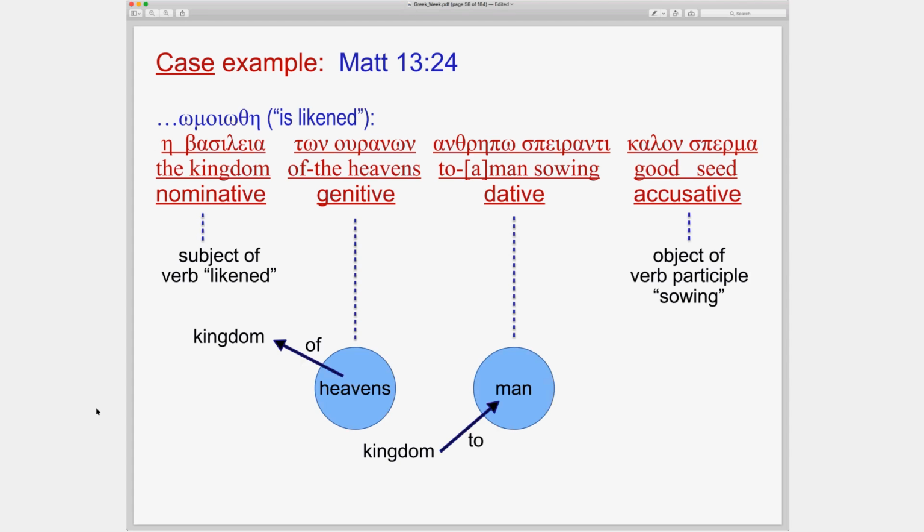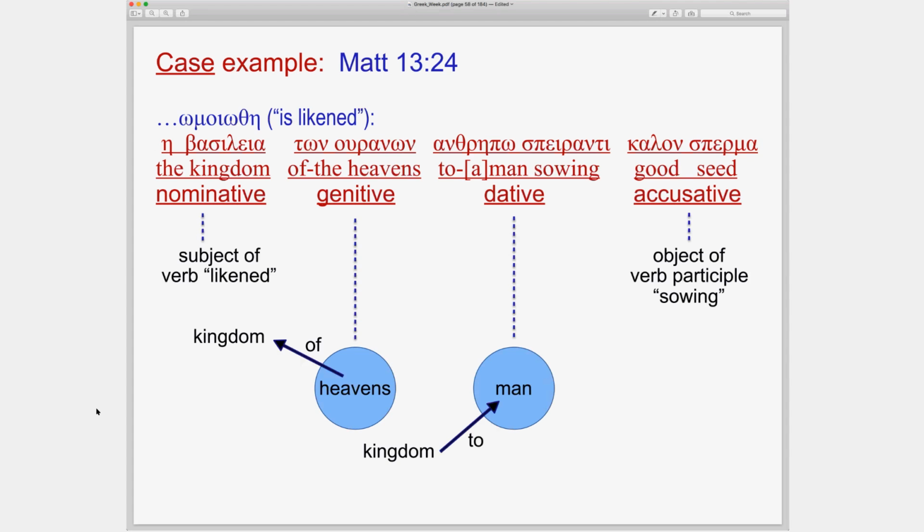You can tell, I have to apologize, if it seems like I'm a little bit clumsy, it's because I'm normally reading and writing on paper. I'm not normally speaking. Kalon sperma. Okay, so good seed.